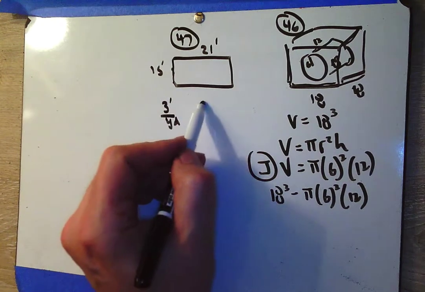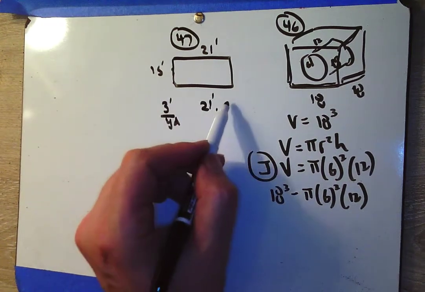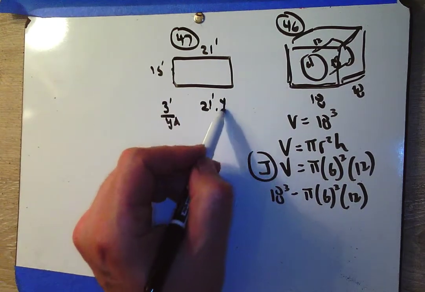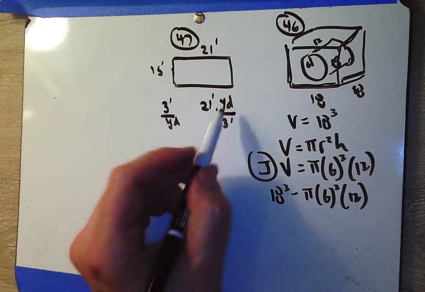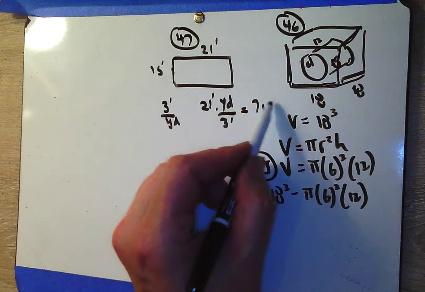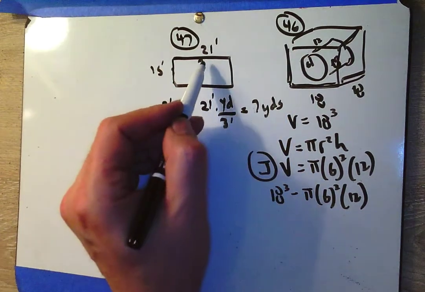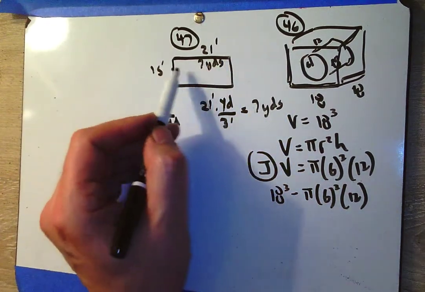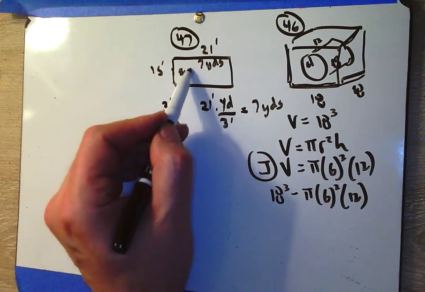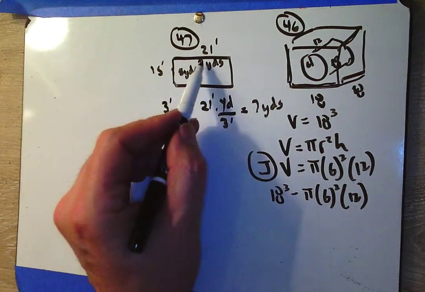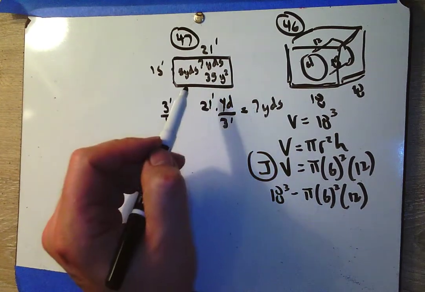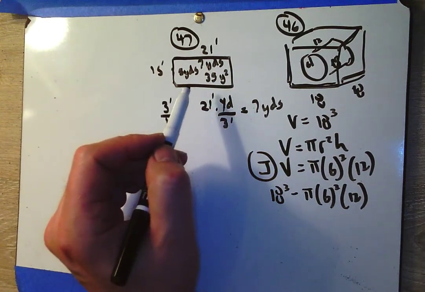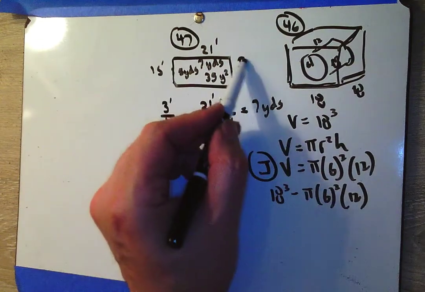So if I take 21 feet and multiply by yards over 3 feet, I end up with 7 yards. So this is 7 yards. This ends up being 5 yards. And I end up with 5 times 7, or 35 square yards. That corresponds with choice B.